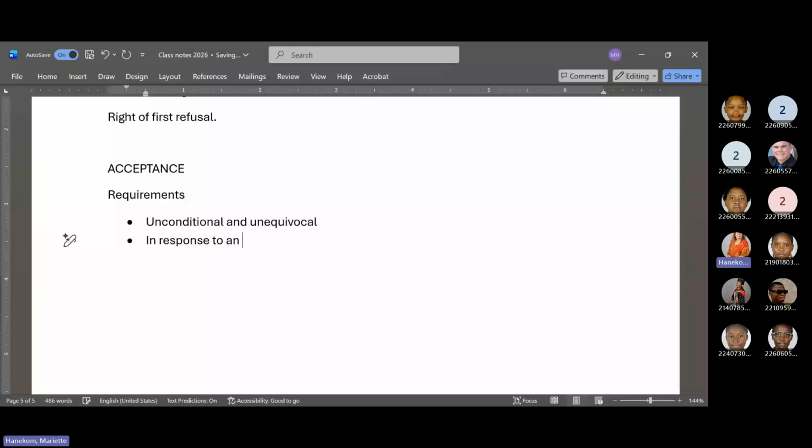It must be in response to an offer. If there's no offer, you can't accept that. It must be by the person to whom the offer was made.